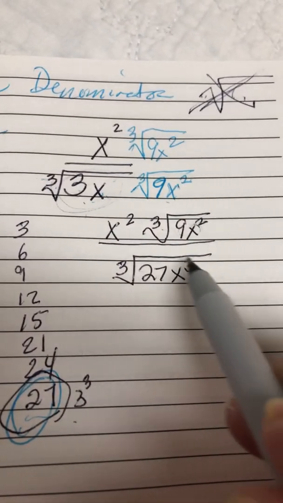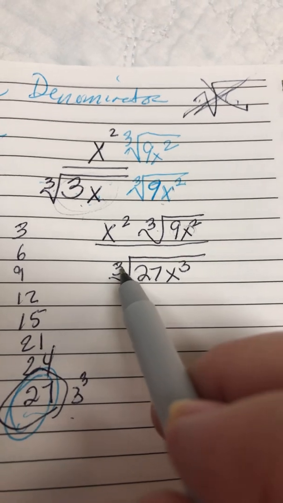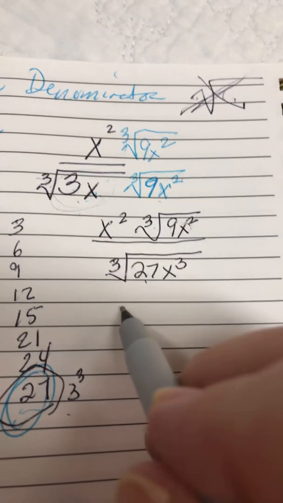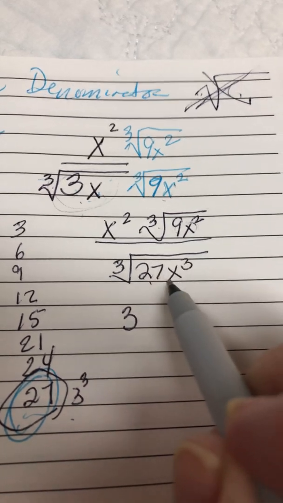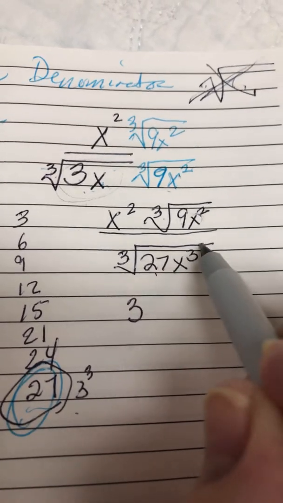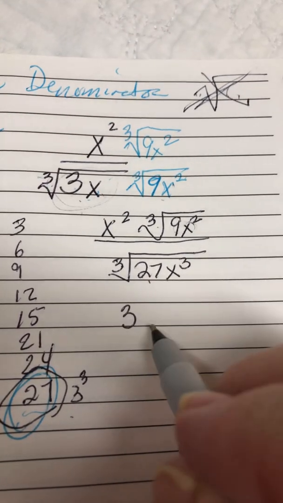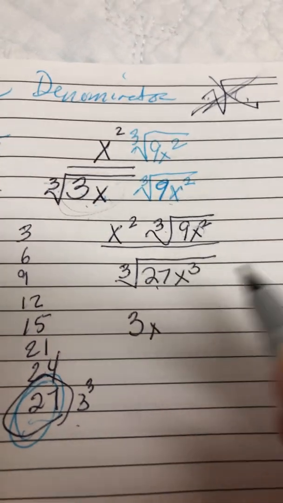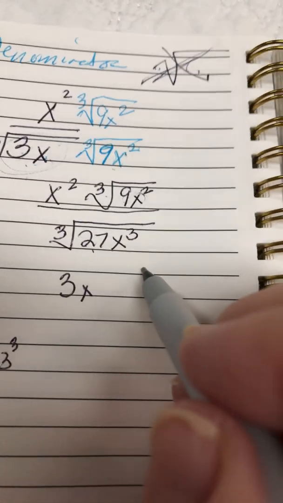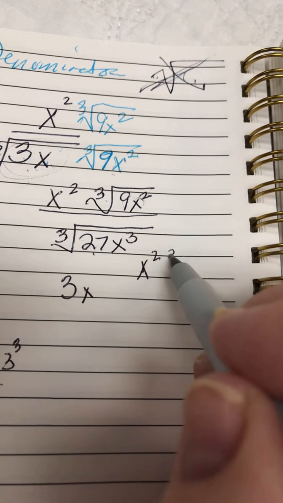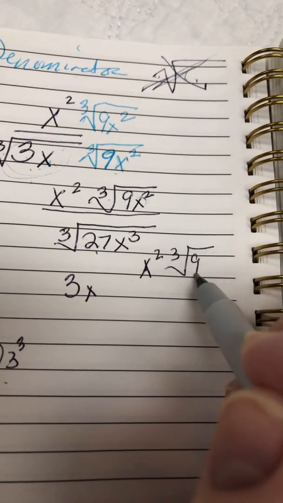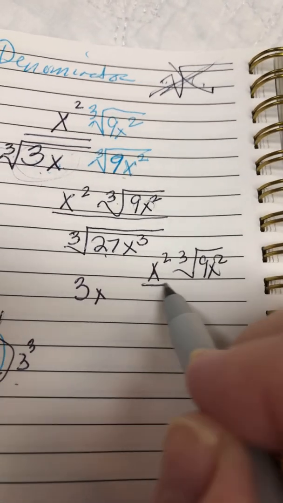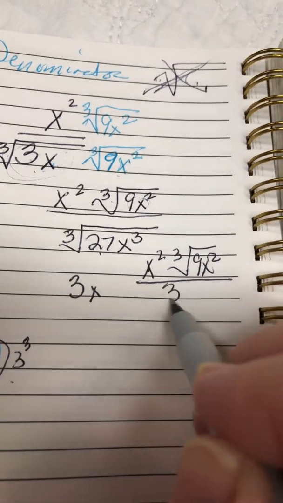So now we can complete this part. The cube root of 27 is 3. The cube root of x to the third is x. So our answer then on top is x squared cube root of 9x squared over 3x.